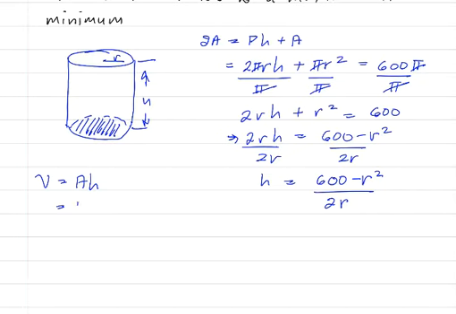So this would be pi r squared h. But we already showed that h is equal to (600 minus r squared) over 2r. So I can replace this as pi r squared times (600 minus r squared) over 2r.